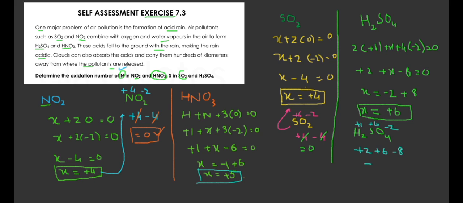Plus 2 plus 6 will give you +8 and -8. So +8 and -8, these both will be cancelled out. So the final result would be equal to 0. So this is how you can find out the oxidation state of any atom in a compound or in a molecule.